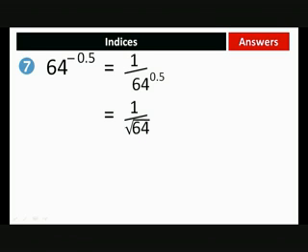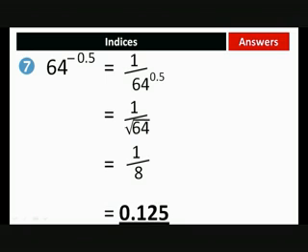So that's the same as 1 over the square root of 64, which is 1 over 8, because 8 times 8 makes 64. And if you wish, you can make that into a decimal, 0.125.